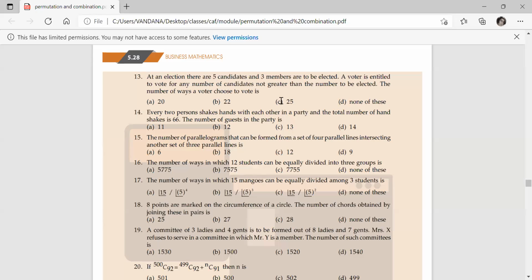14th is very interesting. Every 2 persons shake hands with each other in a party and the total number of handshakes is 36. The number of guests in the party. A handshake takes 2 hands, and both are right hands.